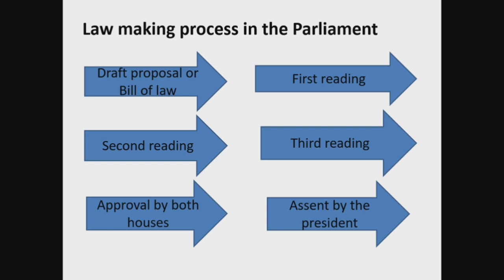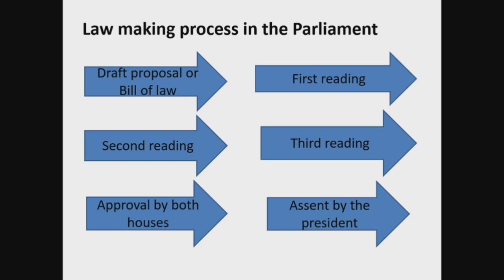Which are those? They are money bill and ordinary bill. In order to be converted into an act, it means in order to convert a bill into a law, this bill undergoes some process. And we are going to discuss this process now.